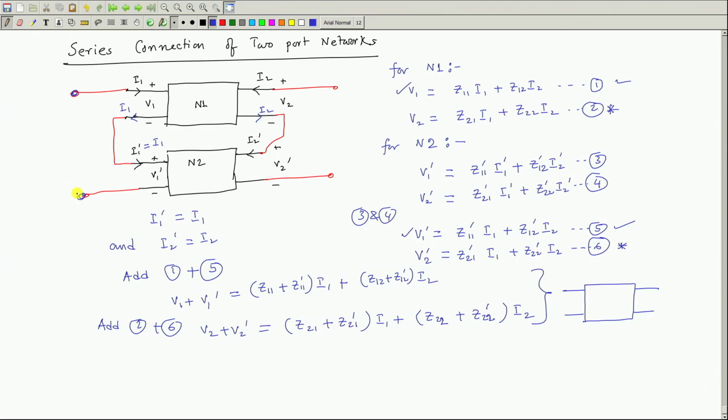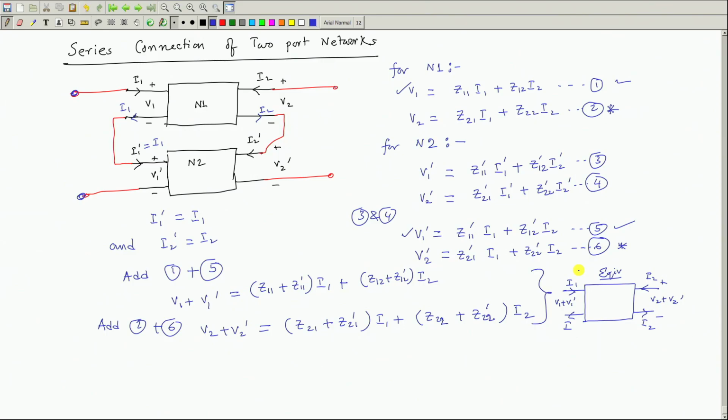Therefore, between these 2 points the voltage is V1 plus V1 dashed, that is the input voltage. What is the current? I1. And on this side, V2 plus V2 dashed is the voltage between the output port, and the current is I2. So, equivalent.